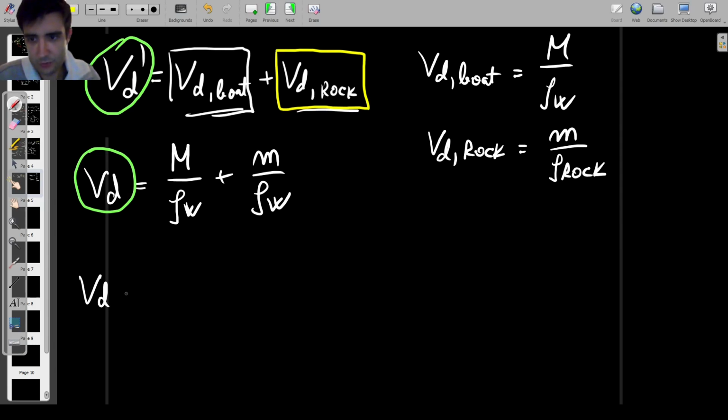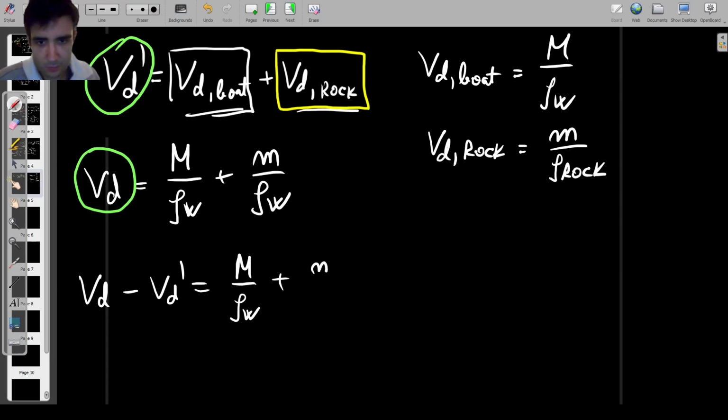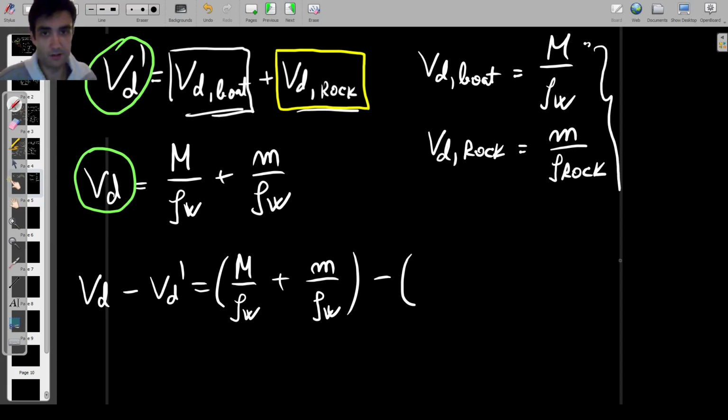I'll do Vd minus Vd prime, just taking the difference of the two terms. So this is capital M over rho w plus small m over rho w. So this is Vd, and I'm going to subtract Vd prime. So Vd prime is those two terms added together: capital M over rho w plus small m over rho rock.